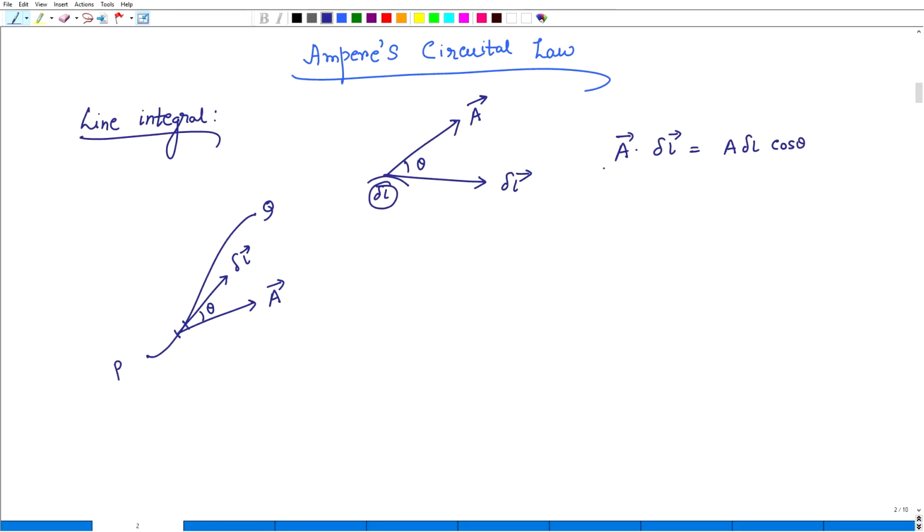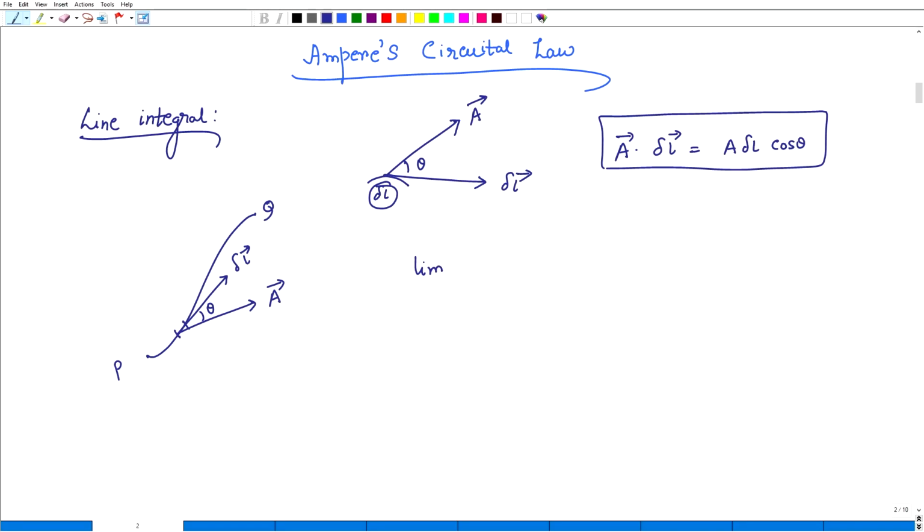The direction of the A vector is not specific, it is given by the angle theta. So, for this small dl section we can again write this formula, but for the total length from P to Q, for the total path of the line, we can write the limit.